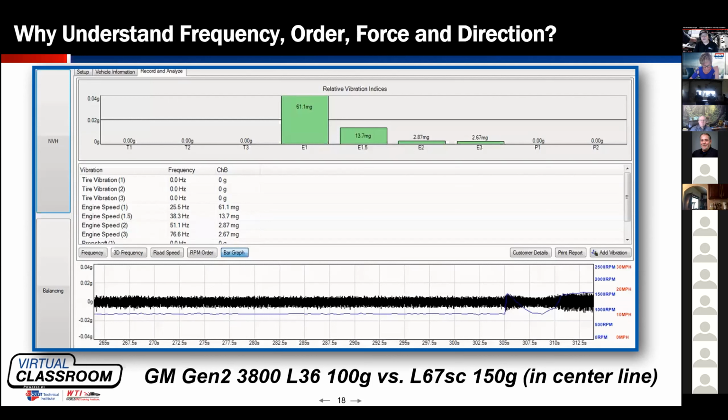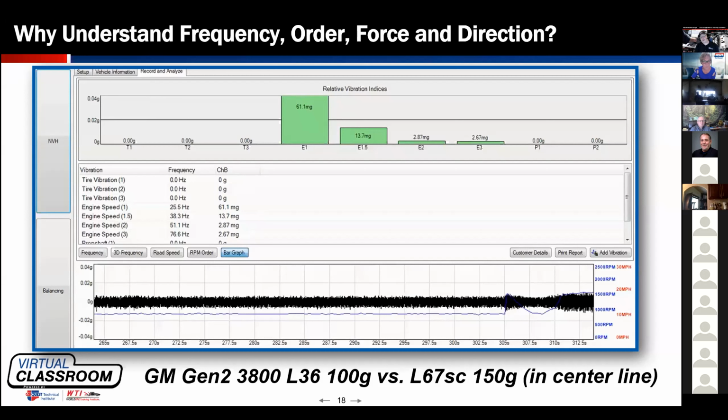The customer wants to get a second opinion. I've got to tell you guys, this is one of the very first NVH captures that I was involved with when I was just learning this equipment. And it's probably one of those flagships that stuck out to me and said, I like this concept, because I hooked my NVH equipment up with the ability to measure the frequency, the order, the force, and direction.